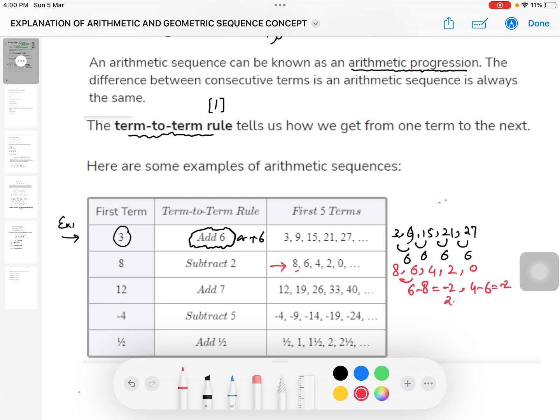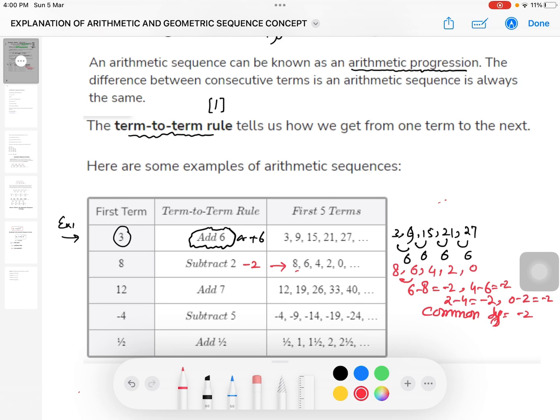Similarly 2 minus 4 gives you minus 2, and 0 minus 2 gives you minus 2. So the common difference is minus 2 here. We say minus 2. So that is the term to term rule.